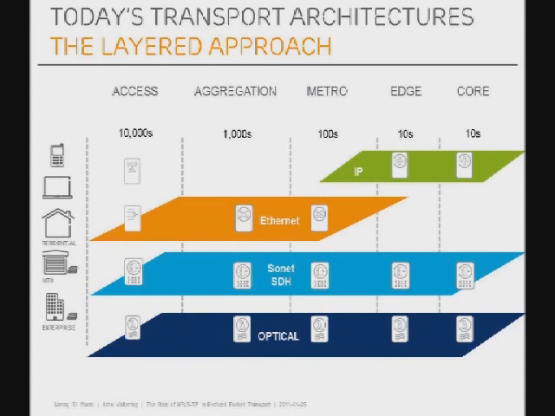The Ethernet traffic that is used to, at the end, carry the IP traffic can be either natively transported over the optical layer or encapsulated into SONET or SDH. And then finally we have the core, which is typically a pure IP core. I'm sure everybody recognizes this layered approach.